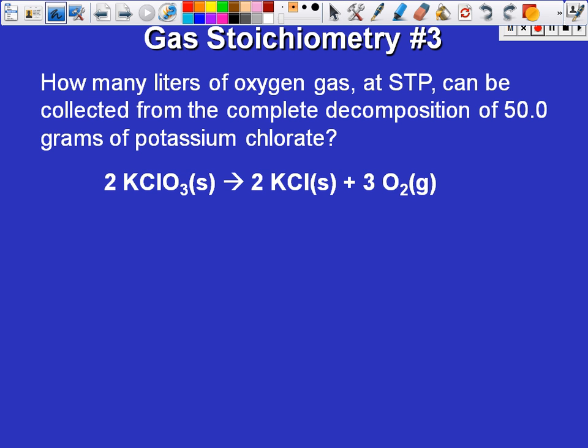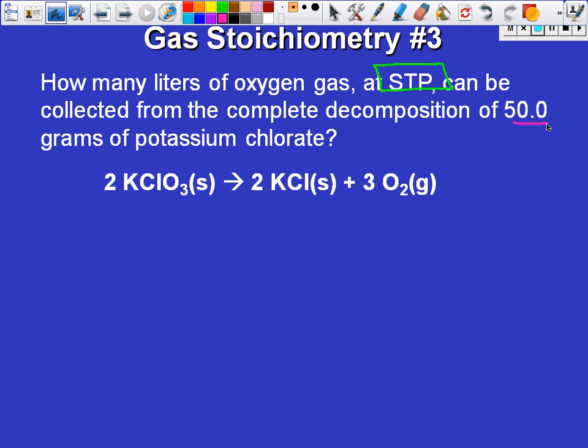All right, here's another one. How many liters of oxygen gas? Notice what it says, at STP. The reason they tell you it's at STP is that way you know that it's at the same standard temperature and pressure. Can be collected from the complete decomposition of 50 grams of potassium chlorate. Uh-oh. They have already made us aggravated with the way they're asking this question. And here's why.